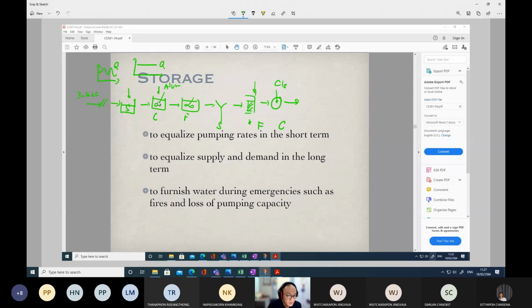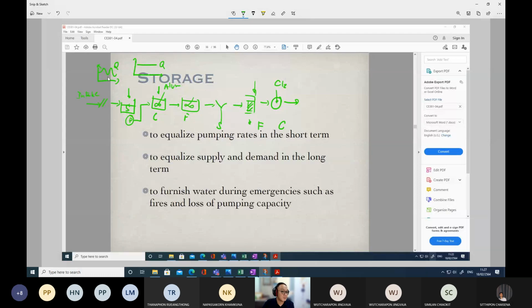So how to maintain the constant flow from the storage to the treatment facilities? We can simply install the pumps inside this storage. Once we install the pumps, we can send this water continuously with constant flow rates. So what is the function of the storage? We use it to equalize the pumping rate.